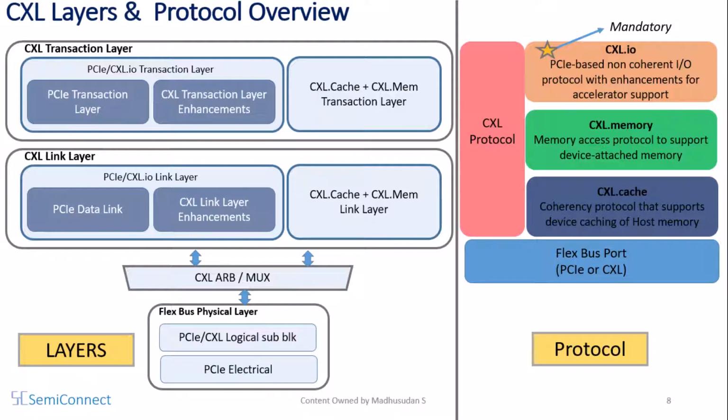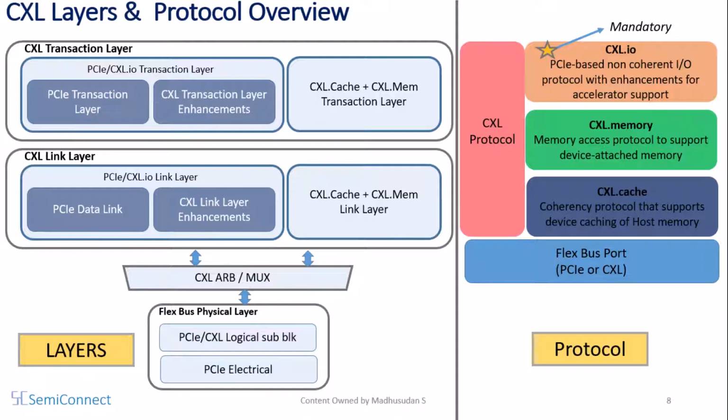For the most part, the spec refers only to the actual PCIe specification, but there are some enhancements to the transaction layer. And CXL.cache and CXL.mem share a common transaction layer, and it is new. That is what is dealt with in detail in the CXL specification.